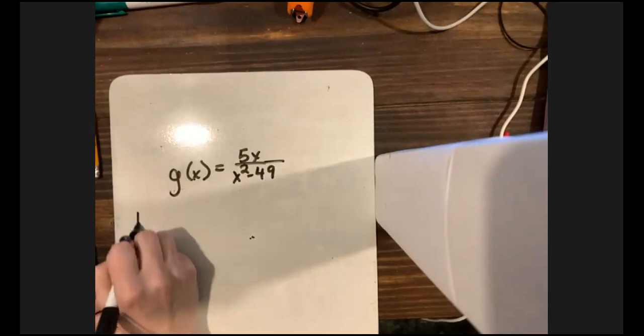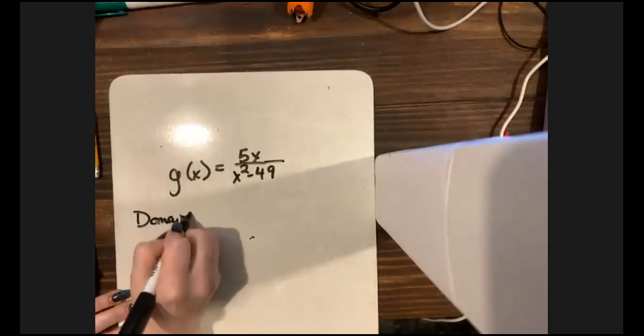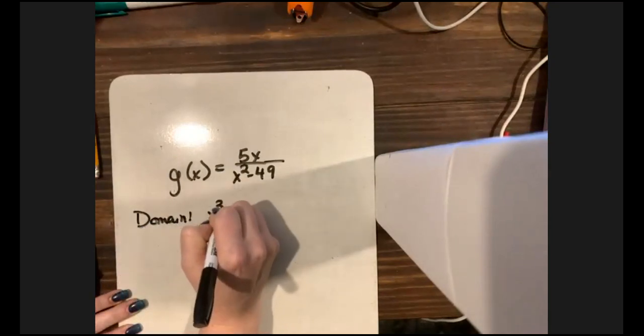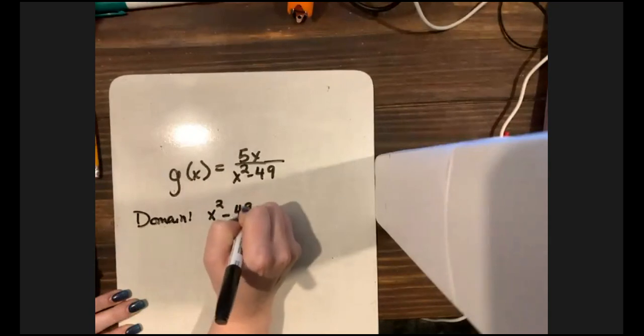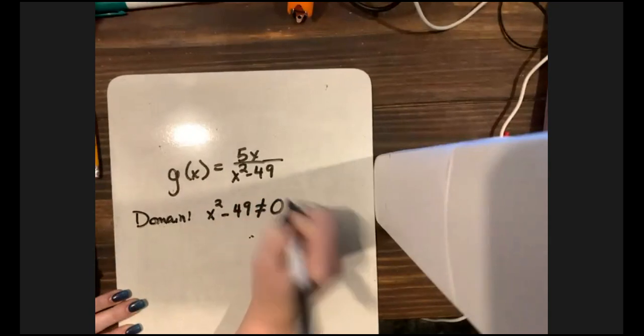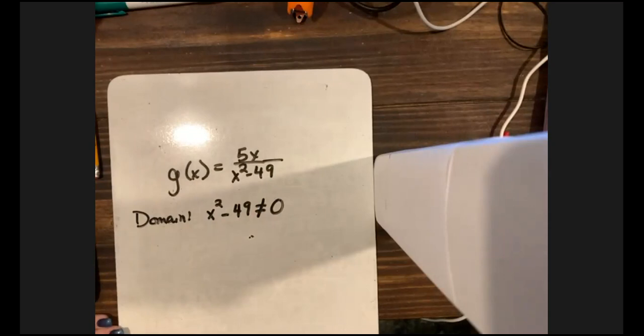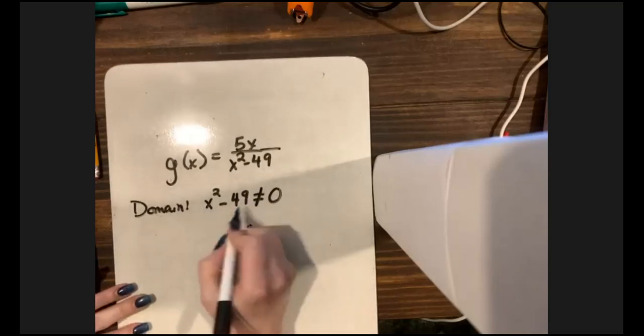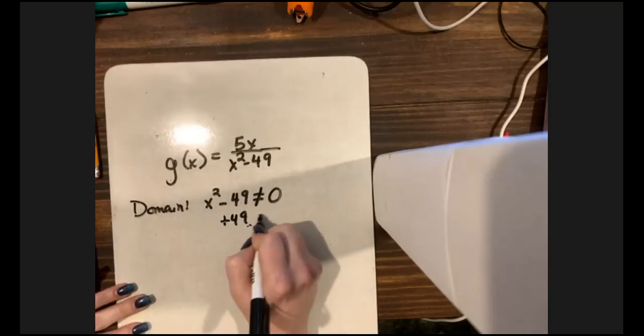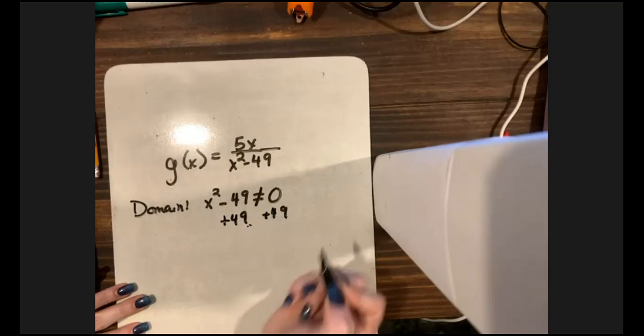So for the domain for this, we've got that x squared minus 49 is not going to be able to equal zero, okay? And we're going to solve this kind of the same way that we would with just a regular equal sign in it. So we'll start by adding the 49. Okay.